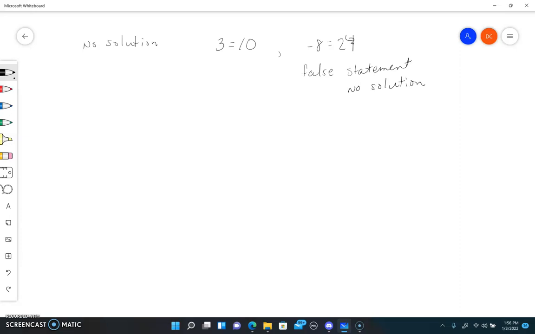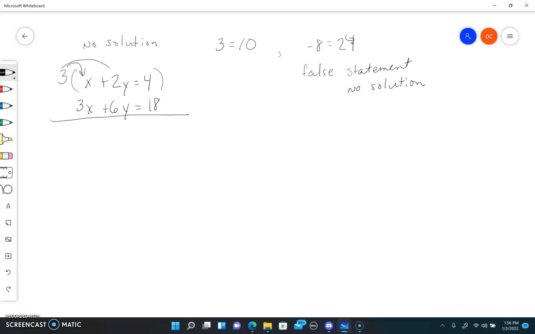All right, so let's see this one. x plus 2y equals 4, and 3x plus 6y equals 18. Okay. So I'm going to do, again, the elimination method. I can see here I have x and 3x. If I multiply this top equation by 3, I'll have the same variable, right?